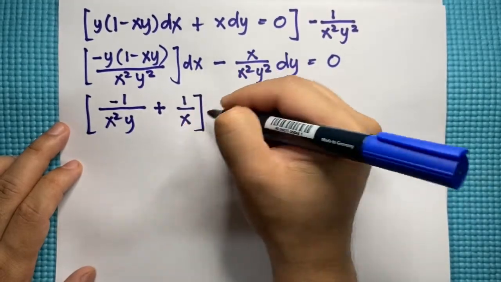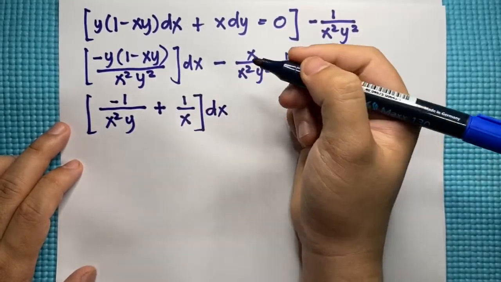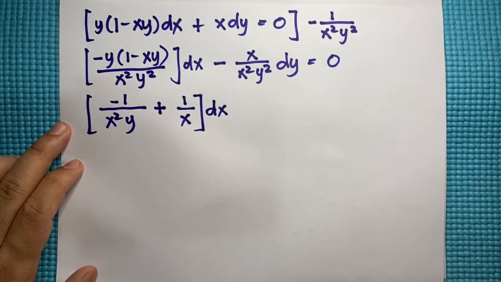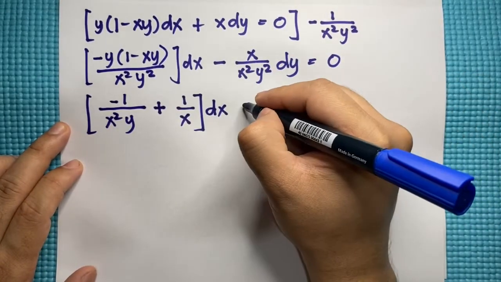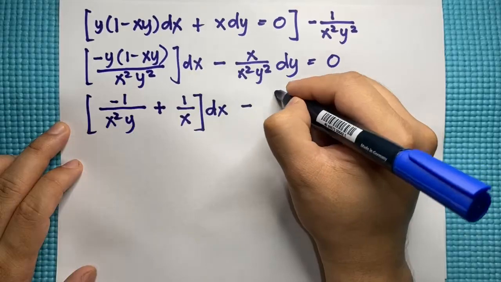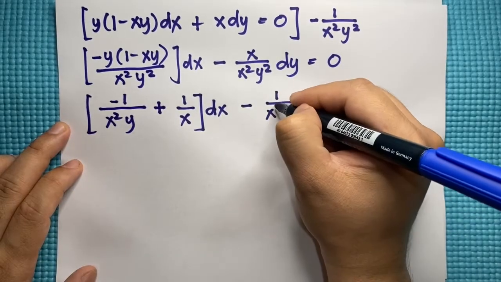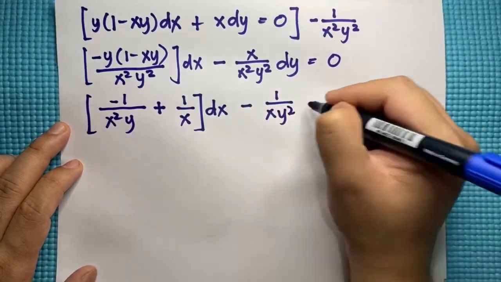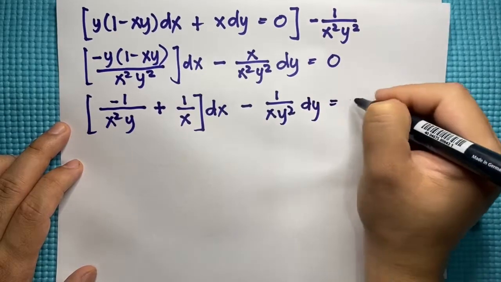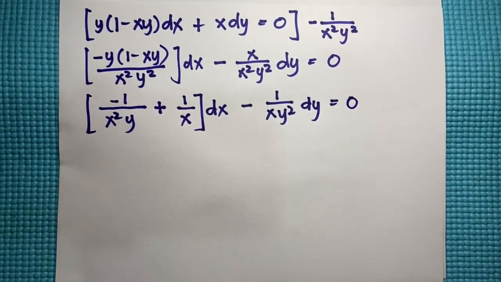Then multiplied with dx. And then we'll have minus 1 over x y squared dy, and that is equal to 0.